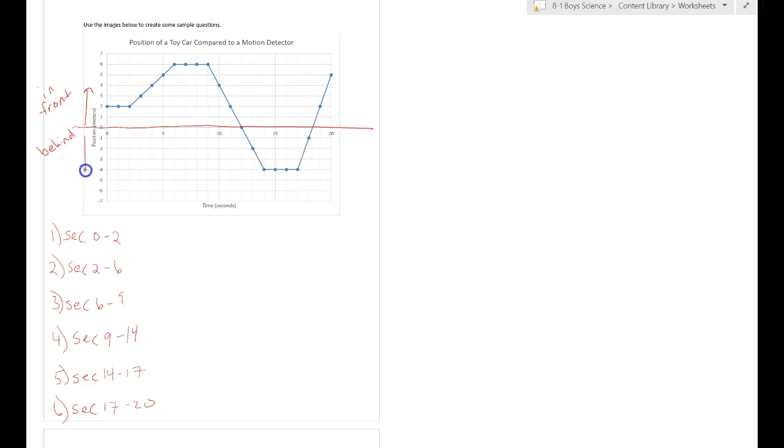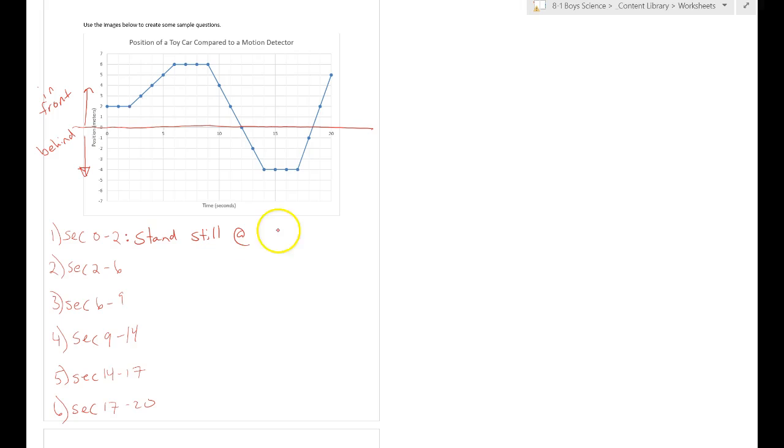So positive numbers will be in front, negative numbers will be behind. There's your zero line. So seconds 1 to 2, remember we always give a time, then an action command, a verb, and then we give a direction or something like that. So this will be stand still. And where are they going to stand still?